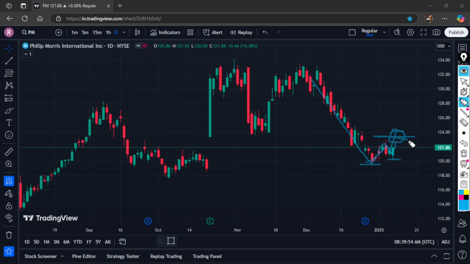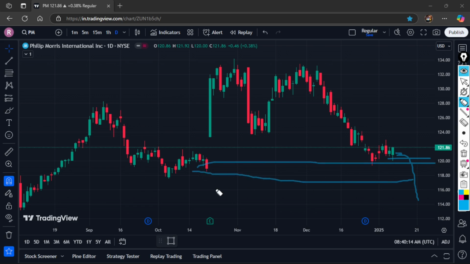This is the level it has to close above to make it bullish for me. So I am just waiting to see how it's going to happen. But if it opens gap down and tries to go downside, then I am interested in selling here, because this is not too strong a level for me, so I am interested in the selling side if it opens gap down here.